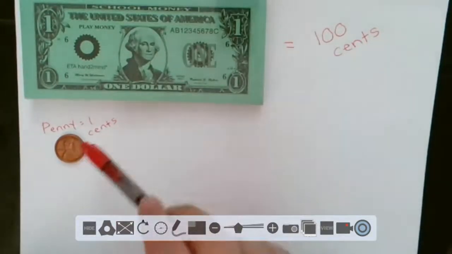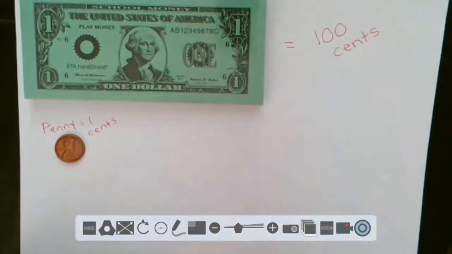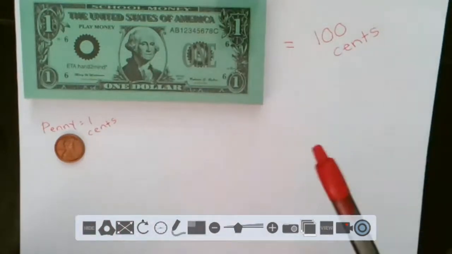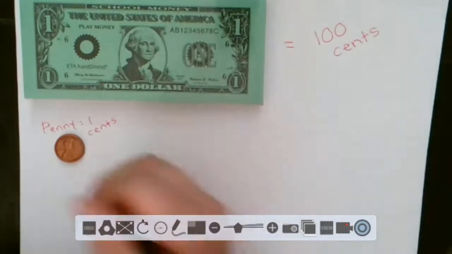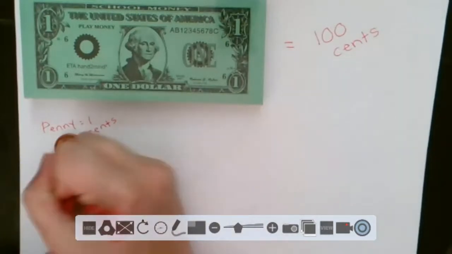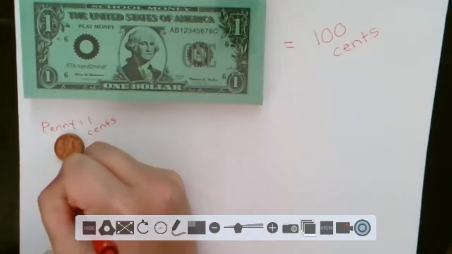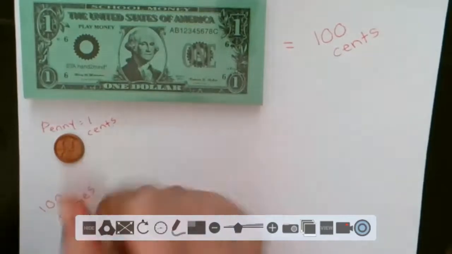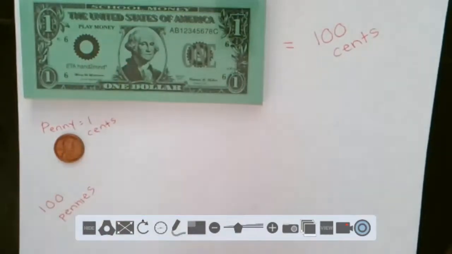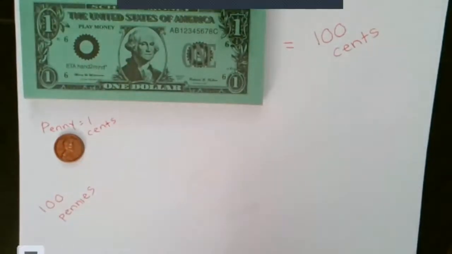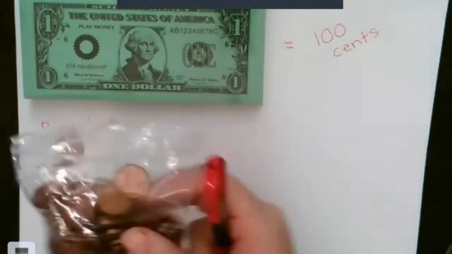So if each penny equals 1 cent, and I want to get to 100, that means I need 100 pennies to get to $1. 100 pennies to get to $1, and that's just like counting by ones. 1, 2, 3, 4, all the way up to 100, which is probably like what I have in this bag here.